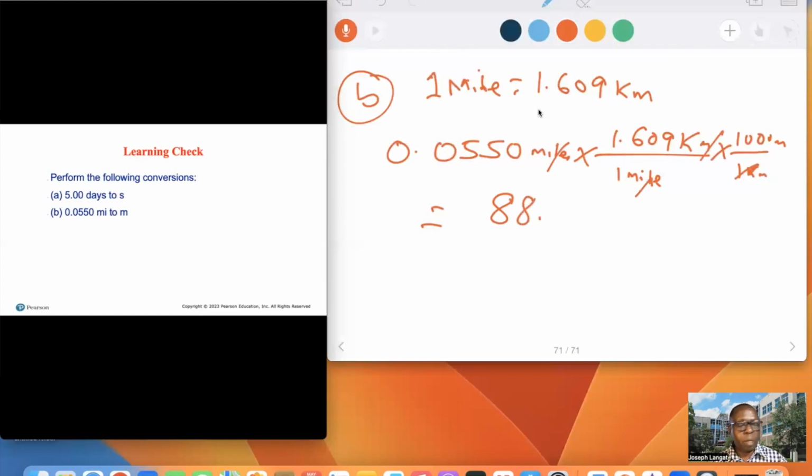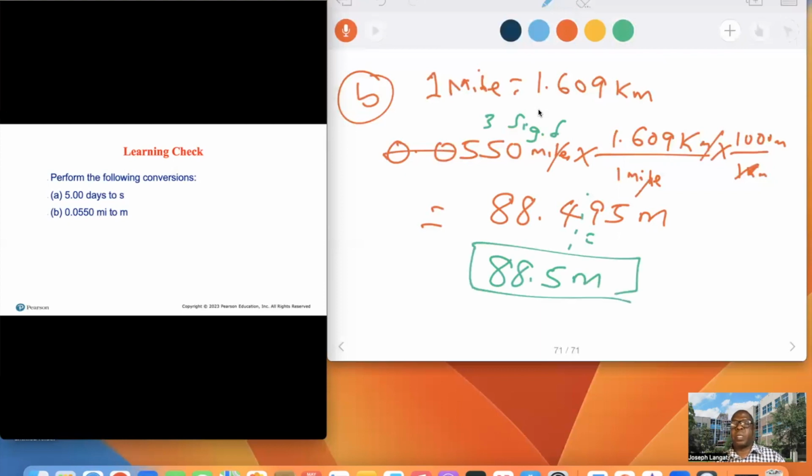Look at what you may get on your calculator, 8.495 meters. This is more than what you need. The given had 3 significant figures, so the answer is 8.25 meters. You notice that the final answer should be expressed with the number of significant figures given in the problem.